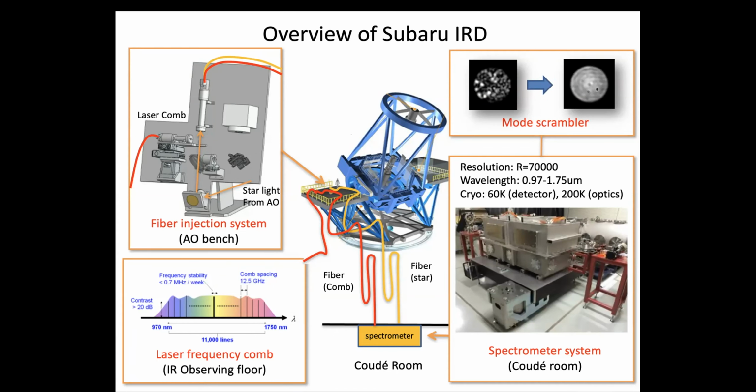IRD is on the Subaru 8.2 meter telescope on Maunakea, and it is a stabilized spectrograph with a spectral resolution of 70,000, covering the wavelength range of Y to YJH band. And it's combined with a mode scrambler and also the laser frequency comb, and it is stabilized.